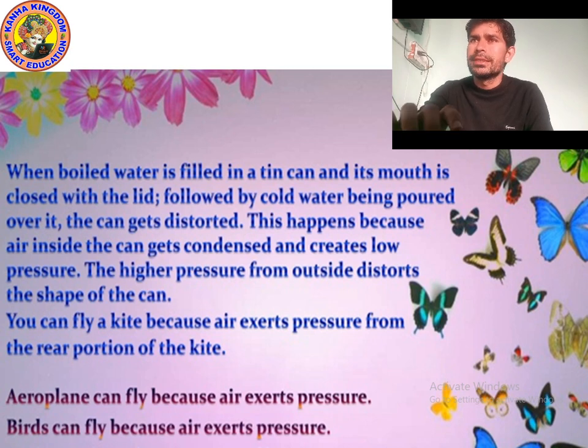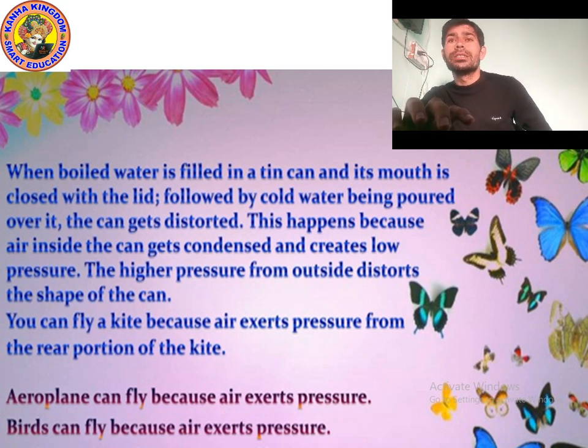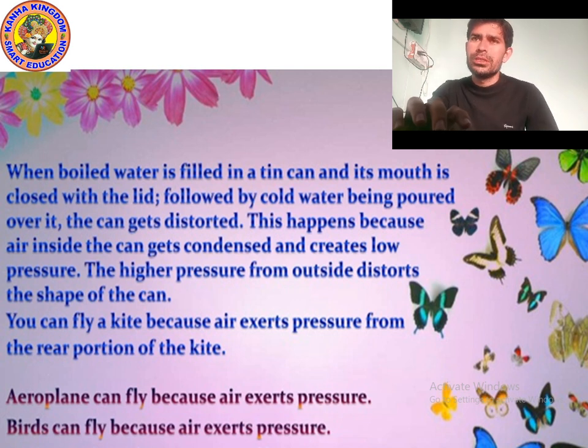When boiled water is filled in a tin can, the tin gets distorted because of the low air pressure inside, but the higher pressure from the outside distorts the shape of the can. An aeroplane also flies because of air pressure, and birds can also fly because of air pressure. I hope you understood. Now let's move on to the next point.